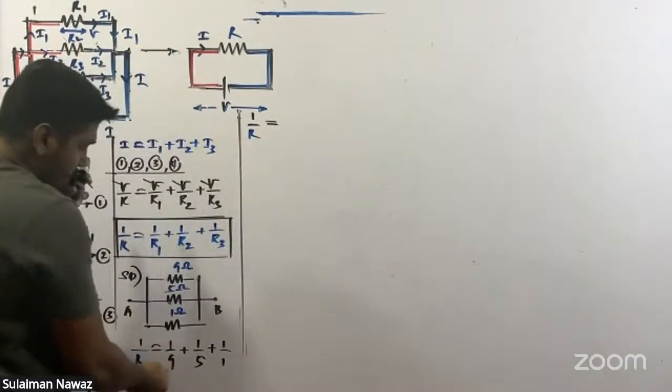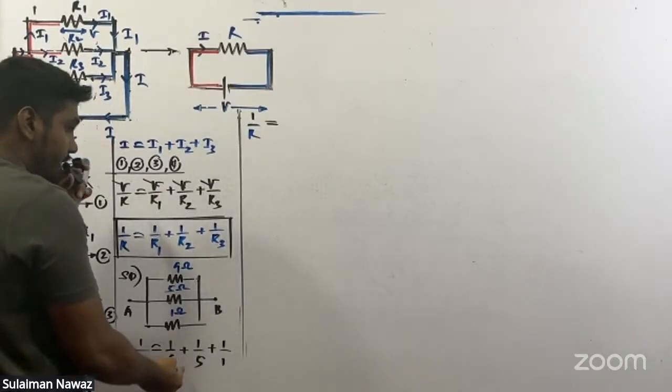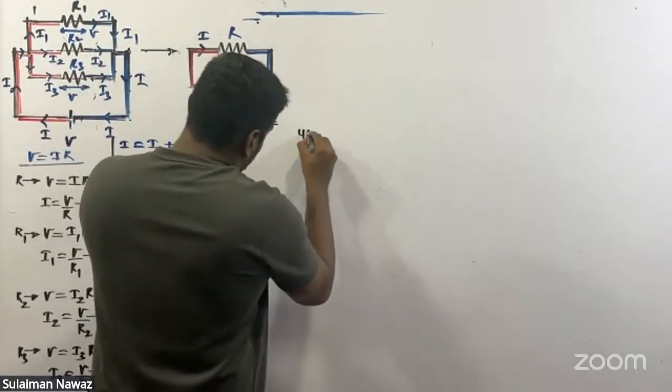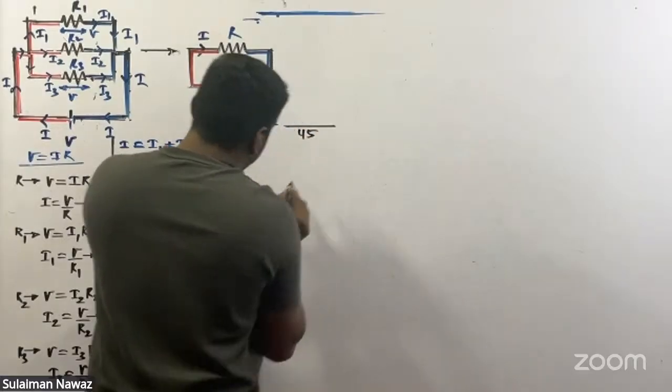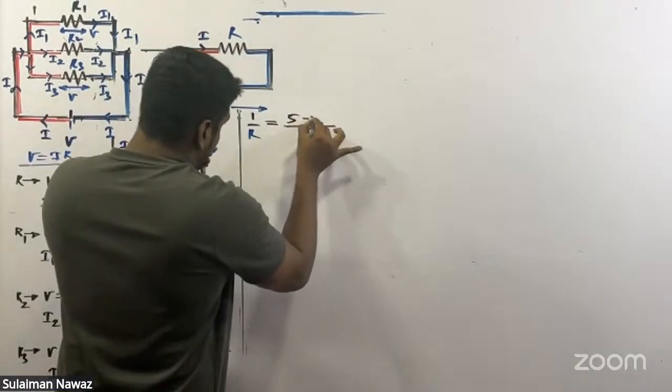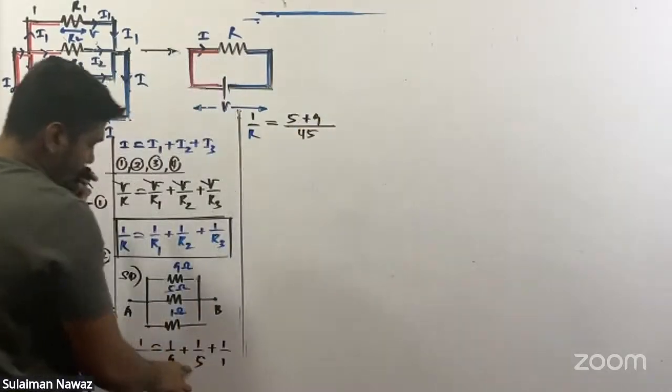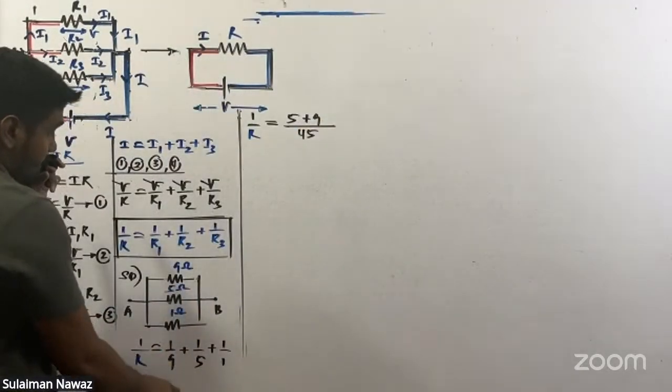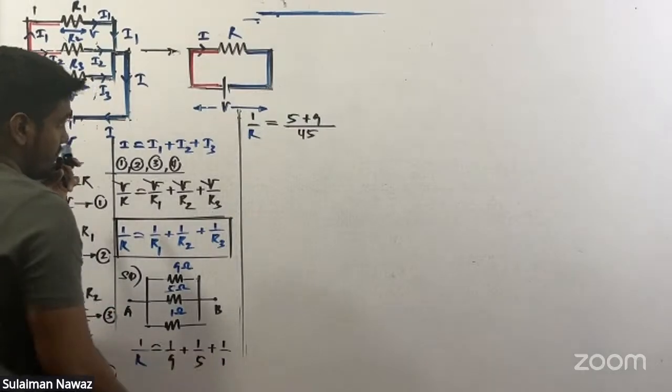We can take 45 as a common denominator. If 45 is the common denominator, then here for 1 over 9 it's going to be 5, for 1 over 5 it's going to be 9, and here it's going to be 45.